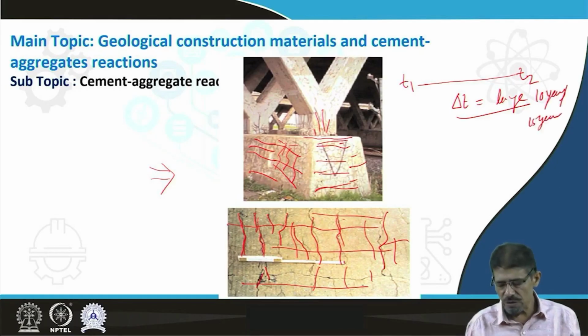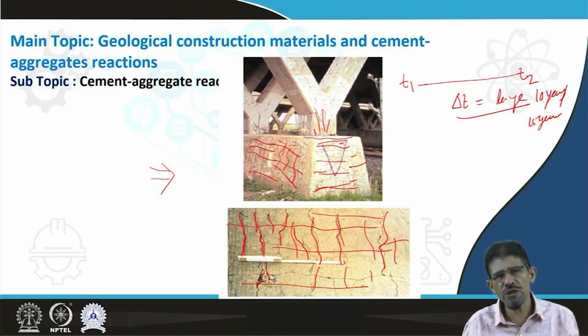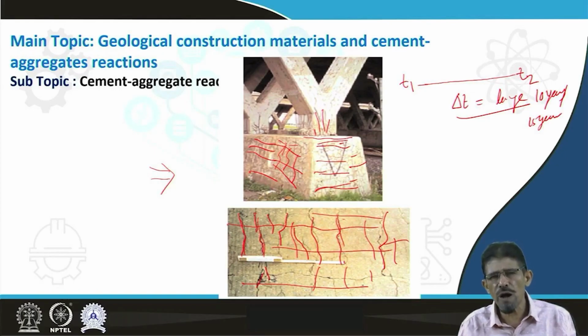In addition to this, if you see a mosaic concrete structure, the floor of a house older than 10 years, 15 years, 20 years, in several places you can observe blowout of grains.